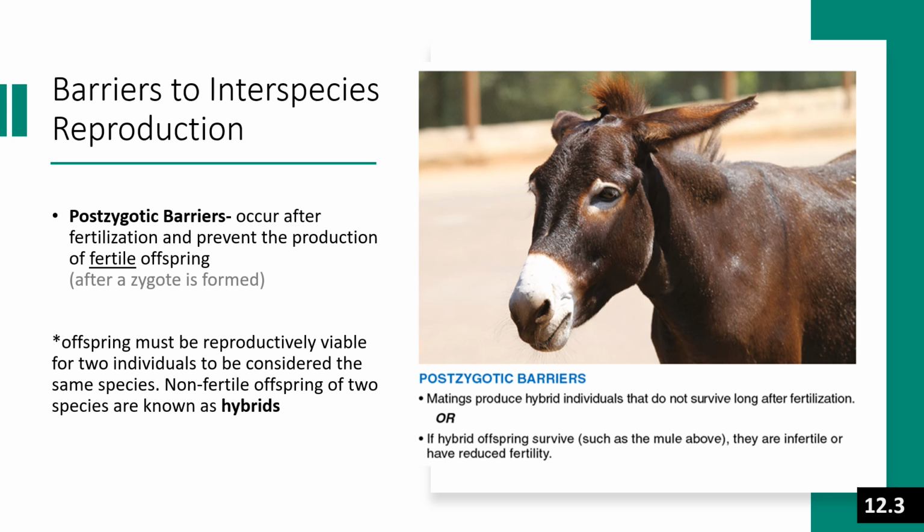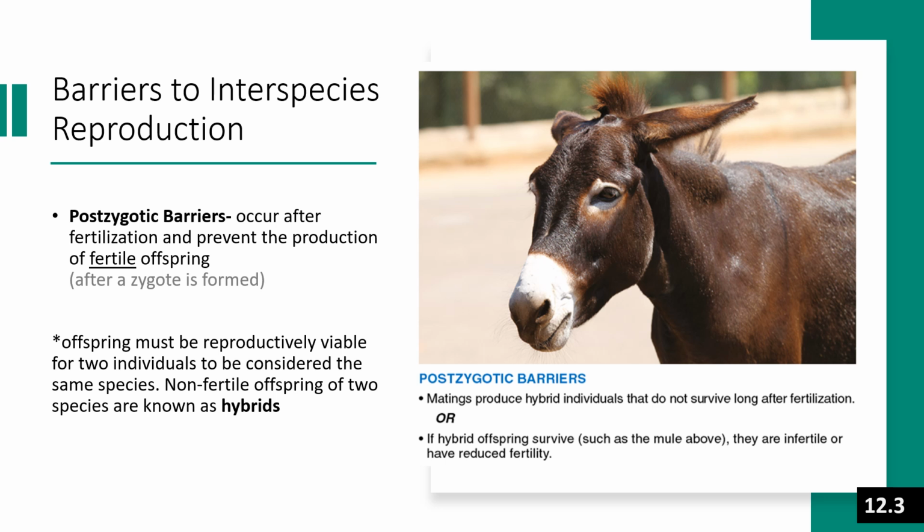Sometimes two organisms of different species can mate and fertilization can happen, but they still can't produce fertile offspring. This is an example of a post-zygotic barrier, so a barrier occurring after a zygote is formed. Mules are an example of this.